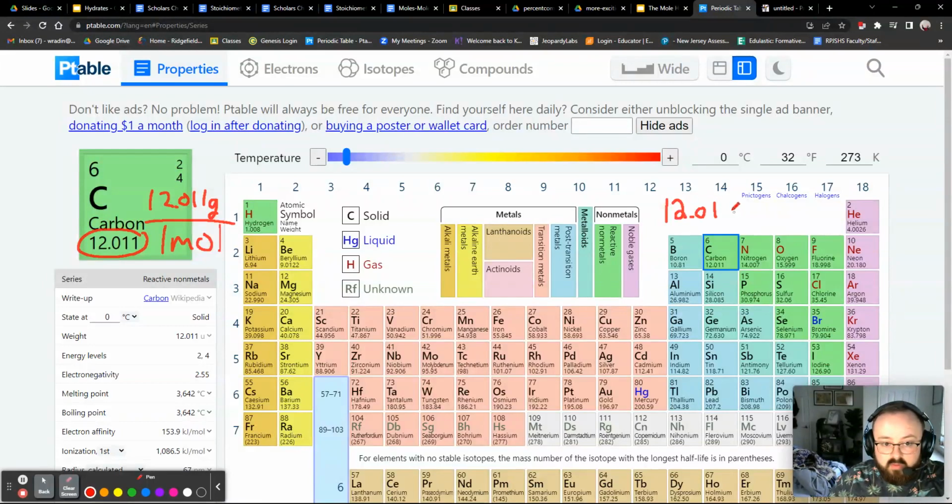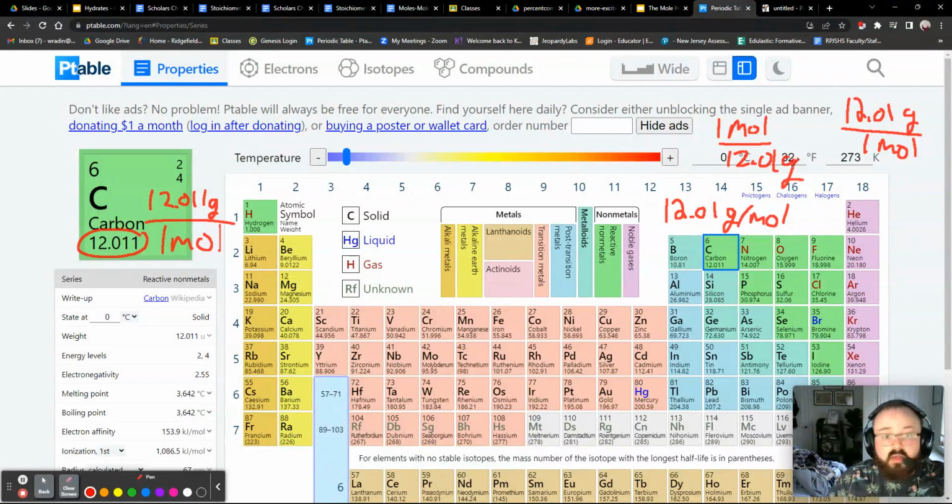12.01, for example, grams per mole. And I've said this unit all the time. What this means is if I have 12.01 grams, I have exactly 1 mole. The opposite's also true. If I have a mole, I would have 12.01 grams.